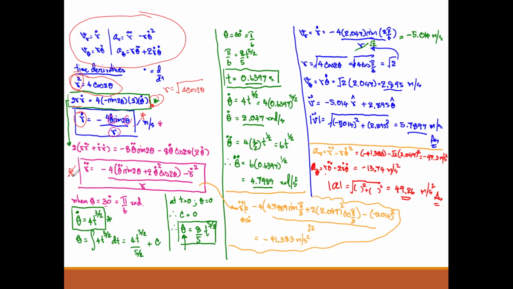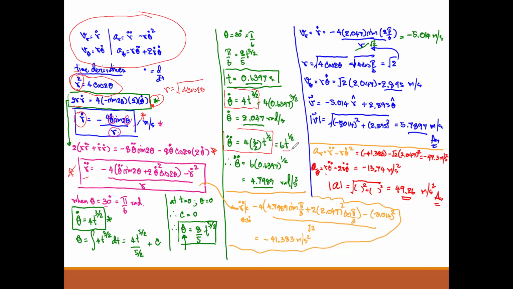After we complete some manipulation in mathematics, we obtain r double dot. In the same manner for theta, we have theta dot equal to this. For theta double dot, we take the first derivative and we obtain this function.